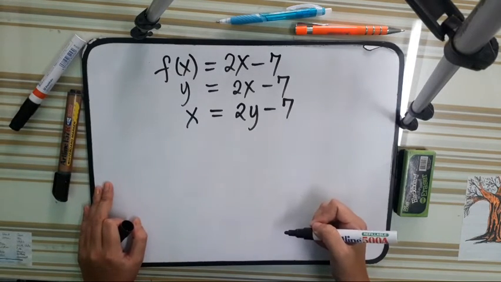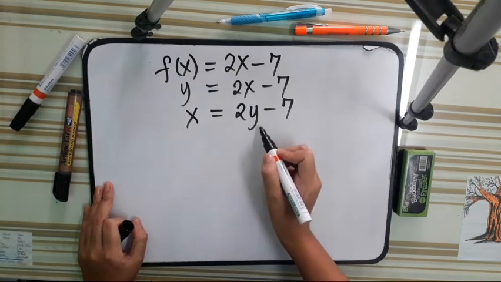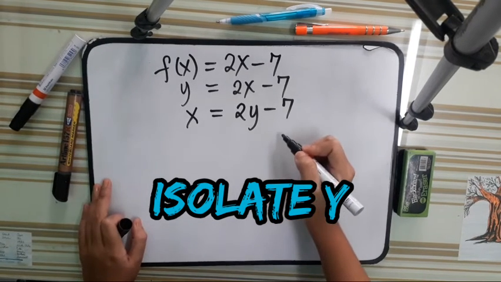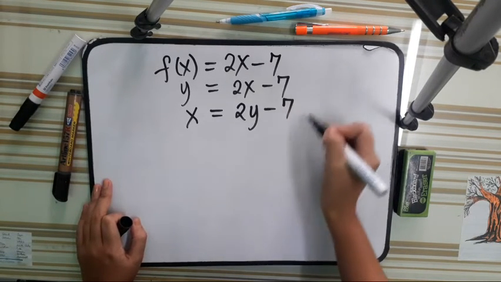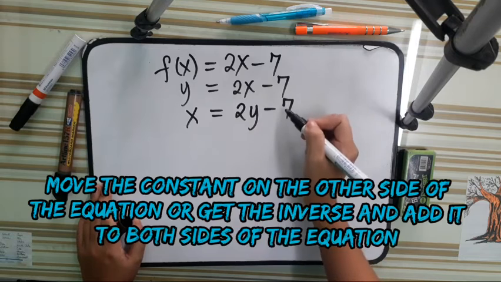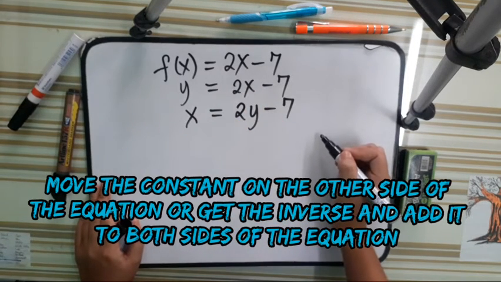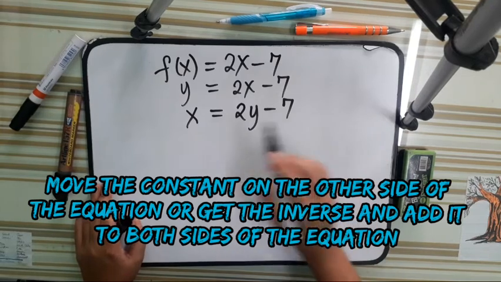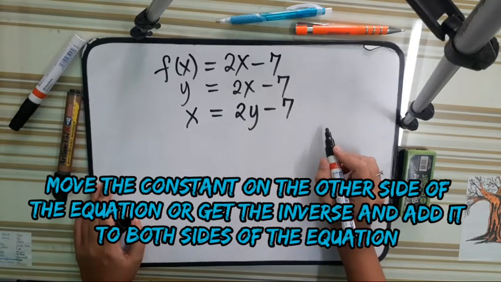Then we simplify. By isolating y, we need to get the value of y. So we may move this constant on the other side of the equation, or simply, since this is negative 7, add positive 7 on both sides of the equation.